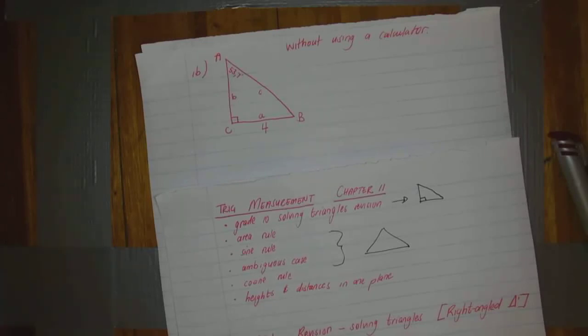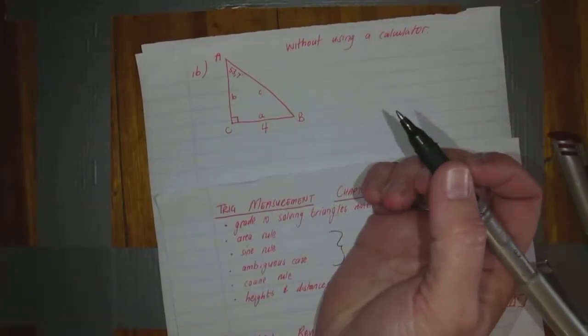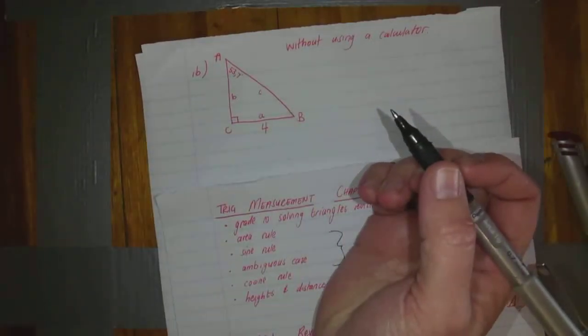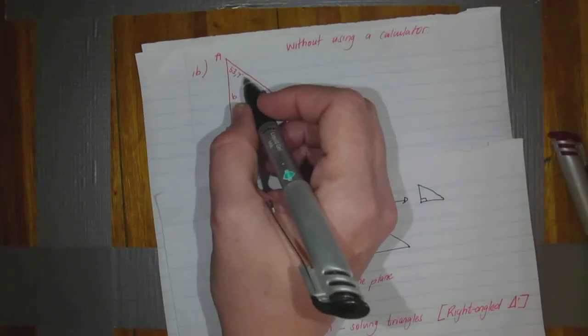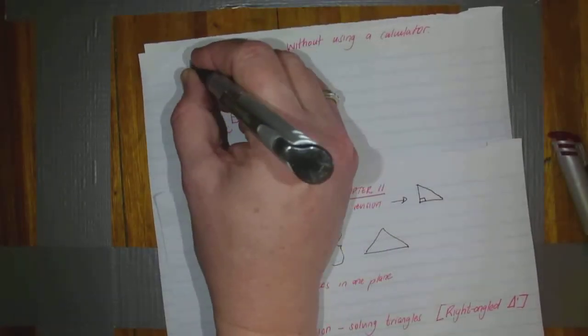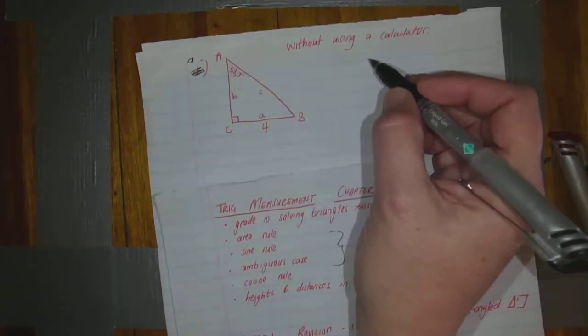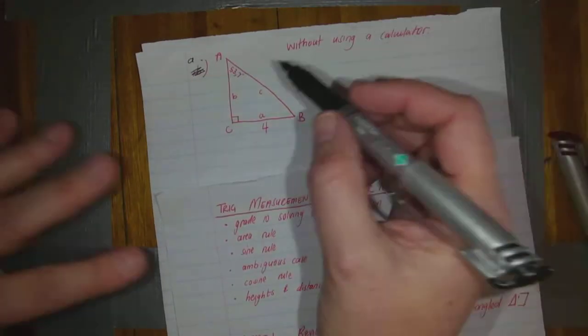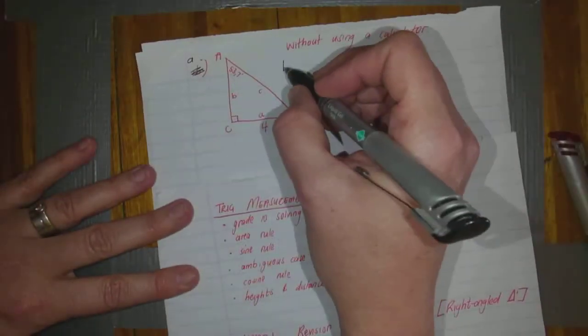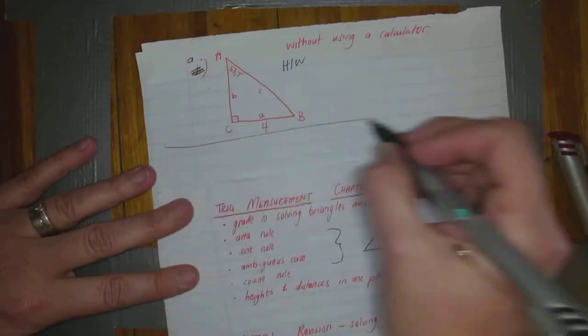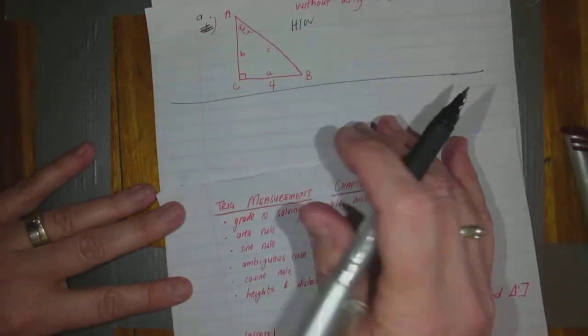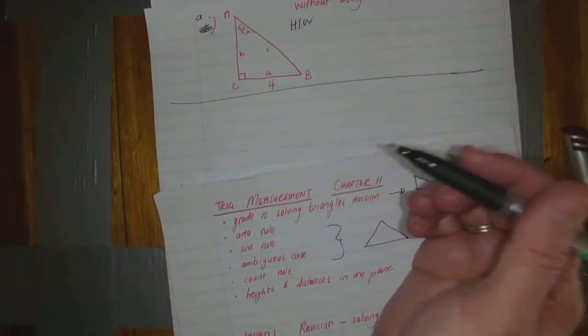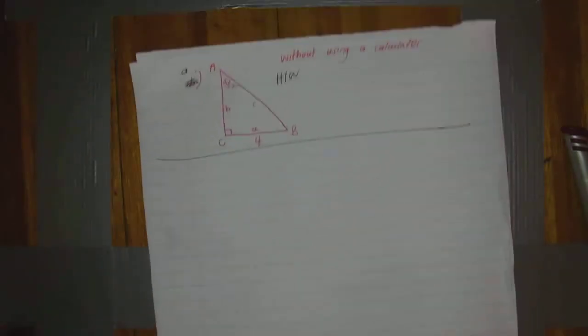And this is from exercise 11. Oh no, sorry, that was the wrong one. This is question A that you're going to do at home. Okay, I don't want to look at A. This is a homework question. I want to look at B.